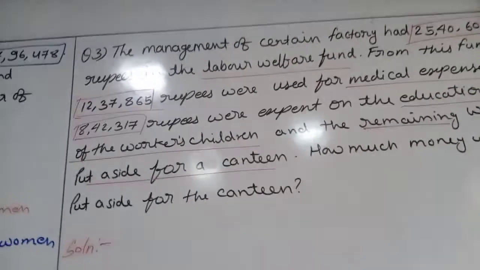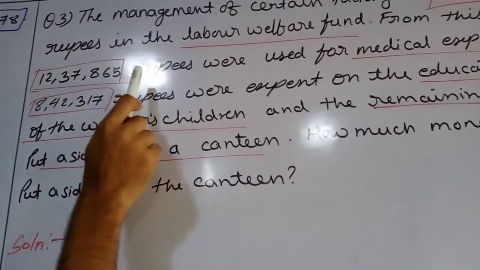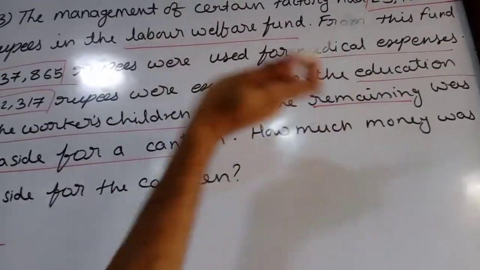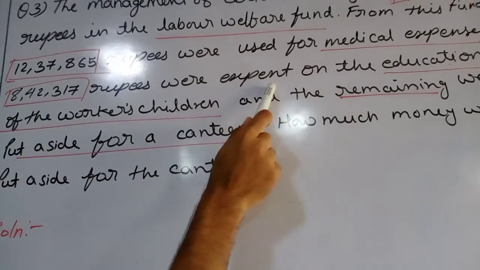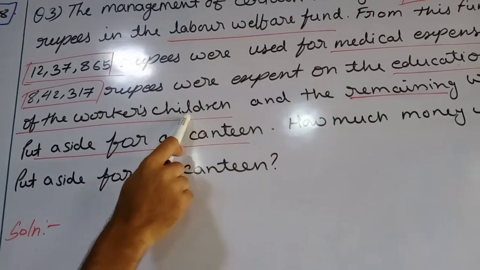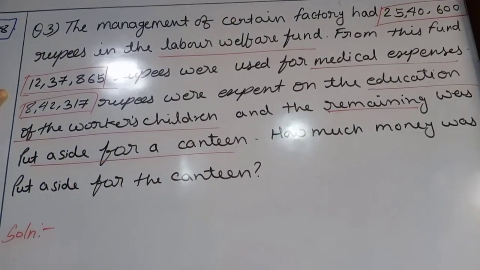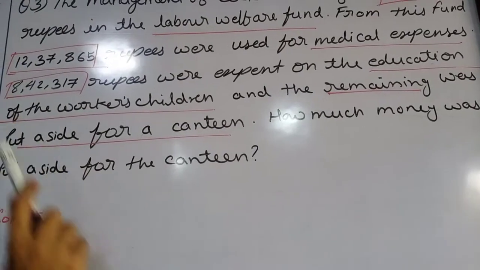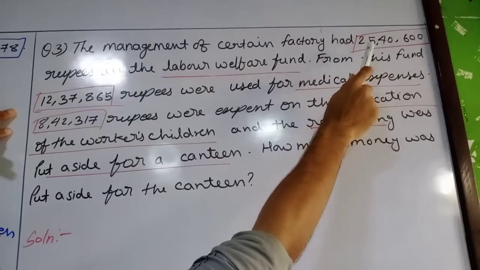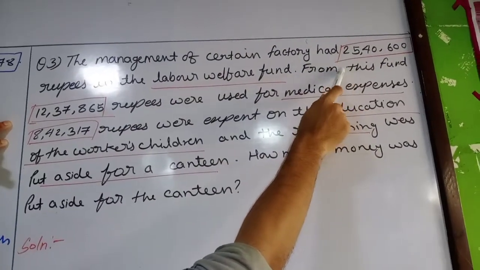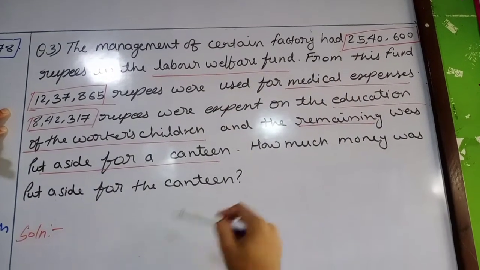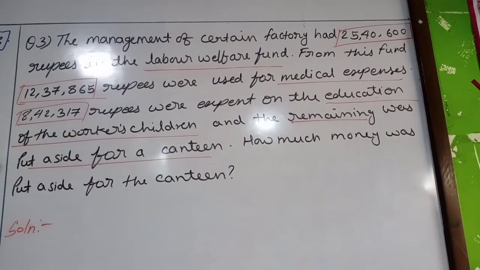Here you can see these two amounts: this rupees expended for the medical expense and this rupees expended for the education of the workers' children. If we add these two, we have to subtract the answer from the total fund of labor welfare. So we can easily find out how much of the amount remains.